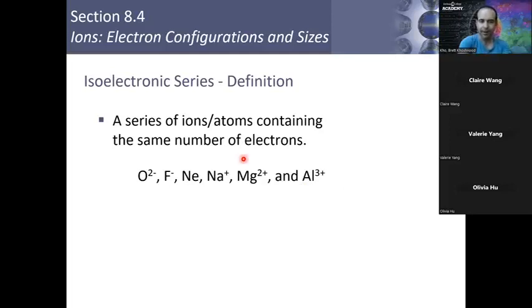The metals are going to be losing electrons so they can appear like the noble gases above them, whereas the nonmetals are going to be gaining electrons so they can appear like the noble gases to the right of them.